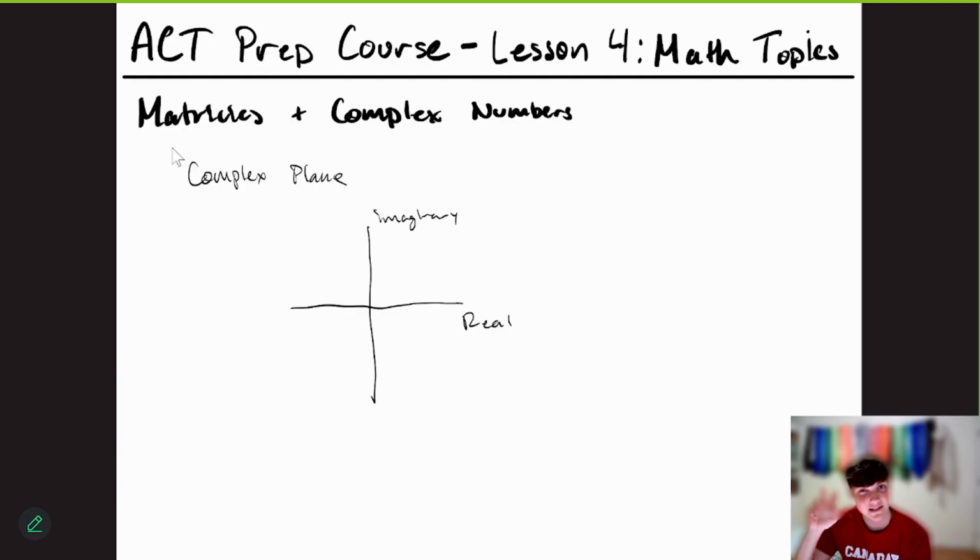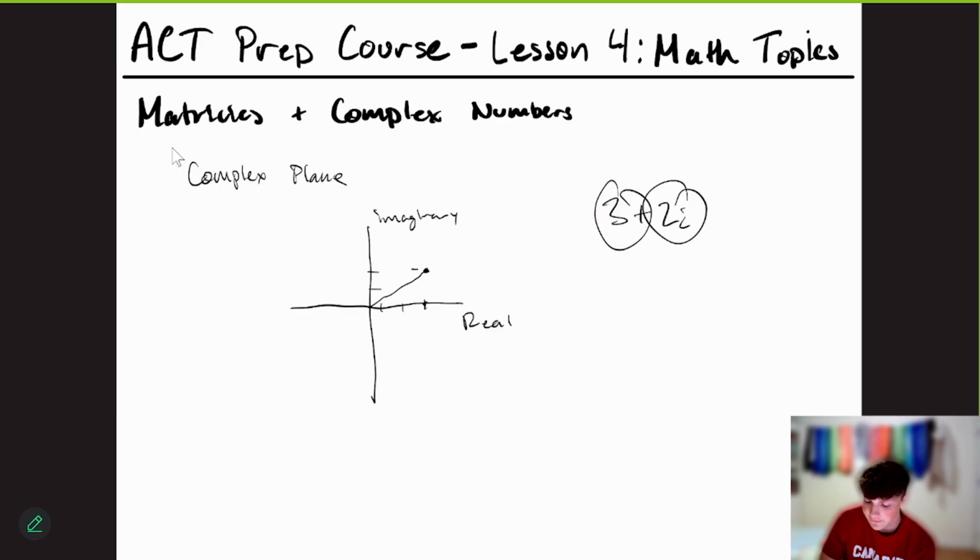So the y-axis is an imaginary axis now. For example, if I wanted to graph 3 plus 2i, I would look at the real part. What is its value? Well, I'd go over 1, 2, 3 in the real direction, and 2i, positive 2i in the imaginary direction, 1, 2. So this would be our complex number.